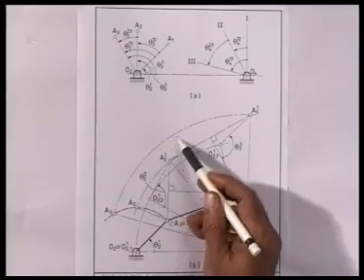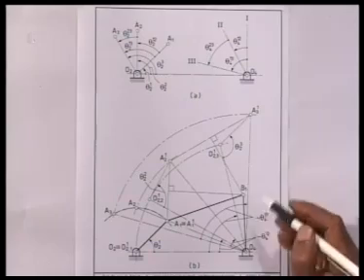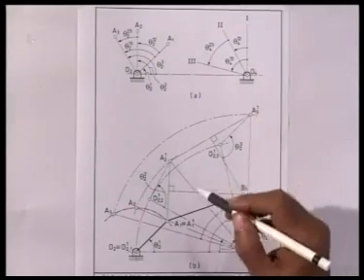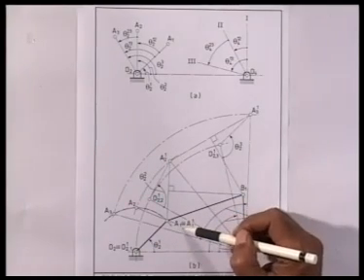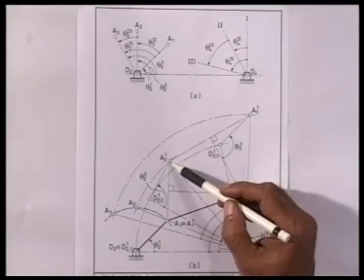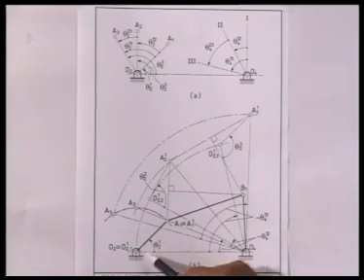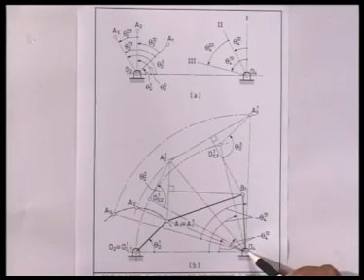So rotating O4 A3 about O4 through minus theta 4 1 3, I located A3 1. Then the center of the circle passing through these three inverted positions of A, namely A1 which is A1 1, A2 1 and A3 1, I located B1, and the design was complete as O2 A1 B1 O4.